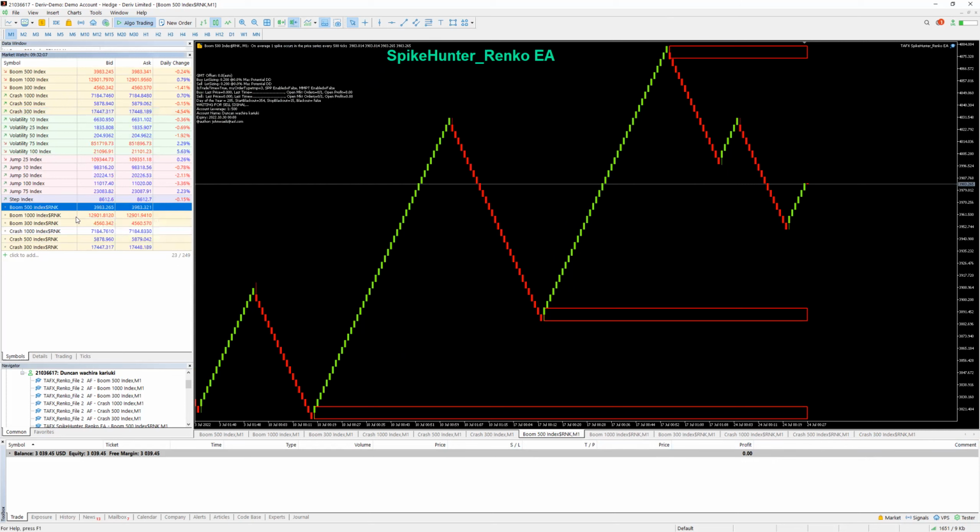They must be from here, because these are the charts with the Renko. They must be functioning. As you can see, the numbers are moving here. This tells you that they are working correctly. But if you find one is freezing or stuck, you don't need to do a lot of process.